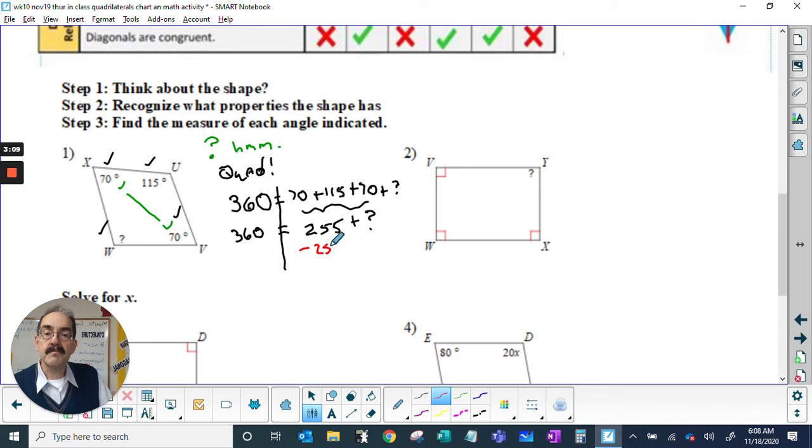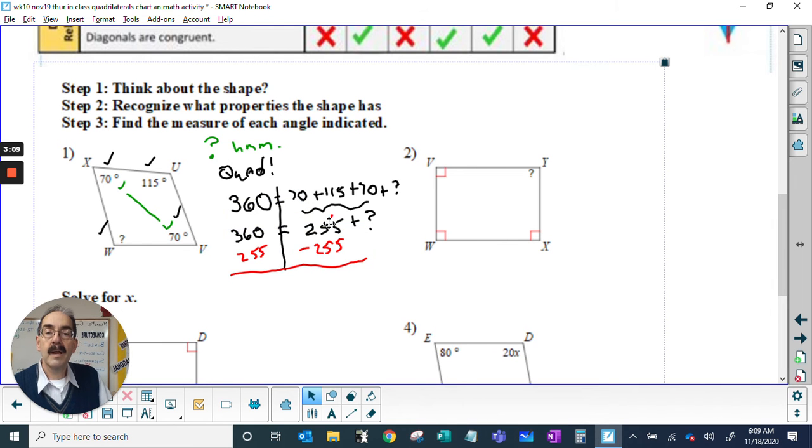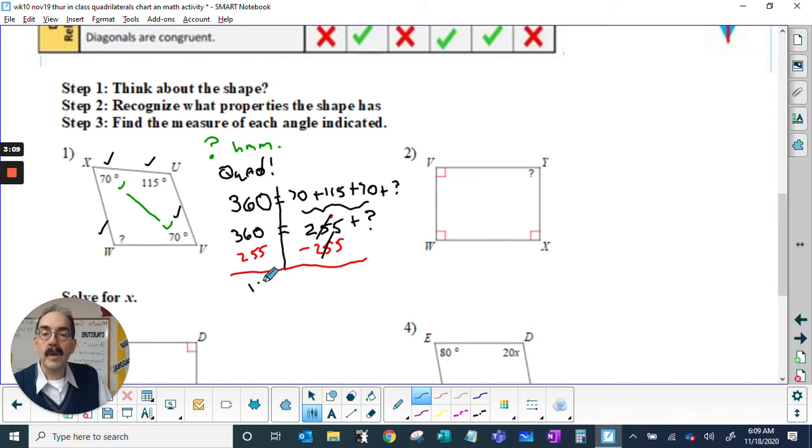Minus. Subtract the 255 from each side, and our unknown turns out to be 105 degrees. Cool? It was a quadrilateral.